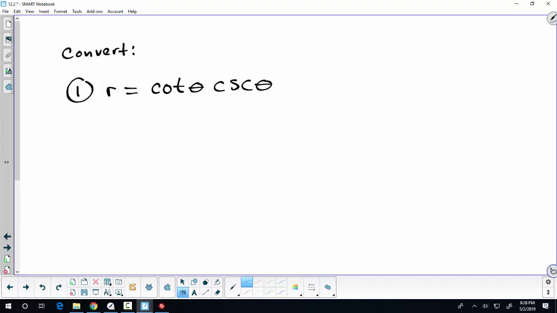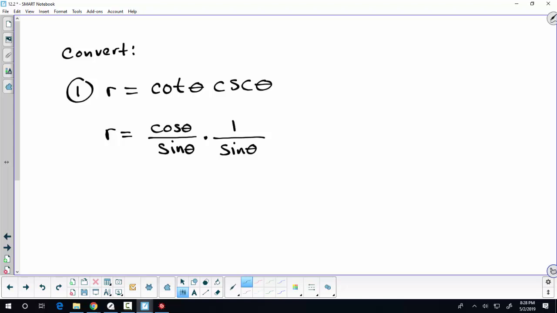Yeah. So we want to rewrite these as sines and cosines, or combinations thereof. So we have cosine theta over sine theta times 1 over sine theta. Then what would we do? Cosine theta over sine squared theta.